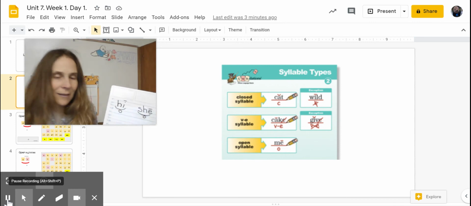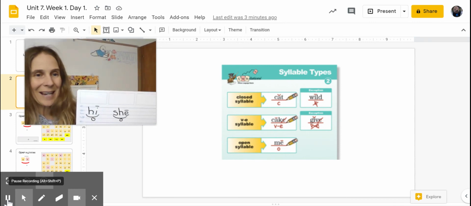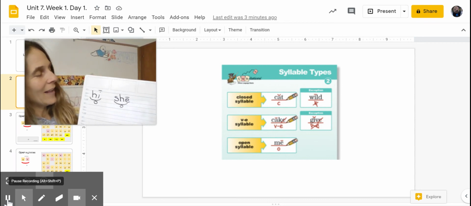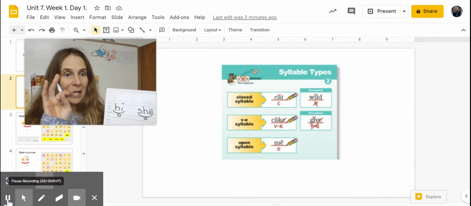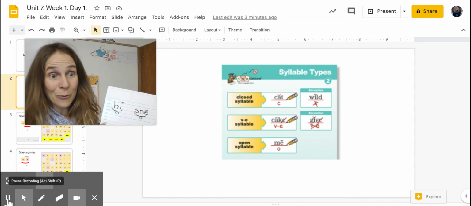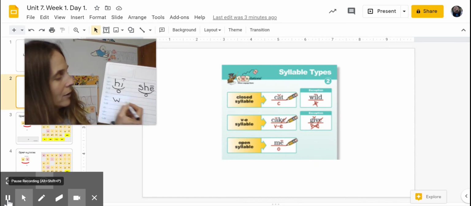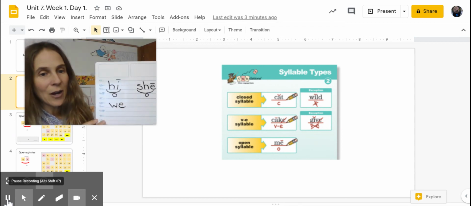And now let's try one more. What about we? Like we went to get ice cream. Let's tap it. W, E, we. I'm going to write it down here. If you want, try to write it first. W, E, we.